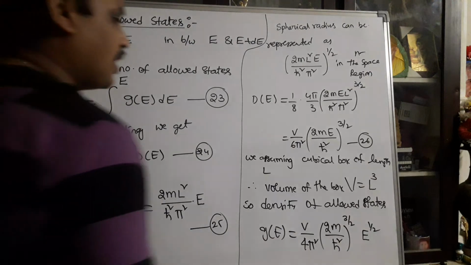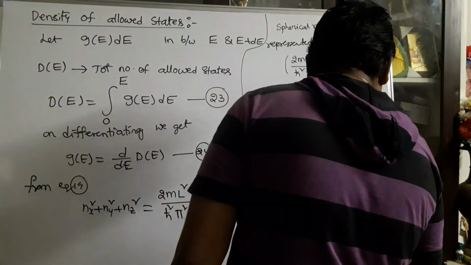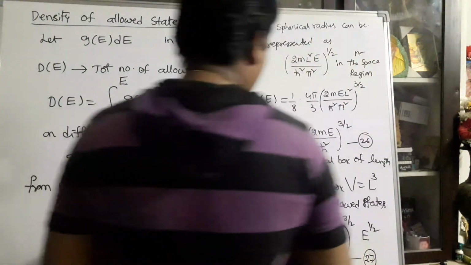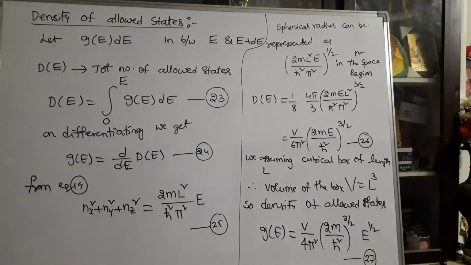This equation can be taken as your equation number 27. So the density of states G of E is equal to V by 4 pi square into 2m by h cut square whole power 3 by 2 times root E, or E power 1 by 2. That equation represents the states without including the factor of 2 for spin up and down degeneracy.